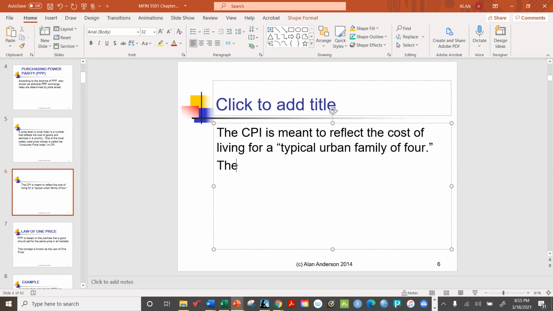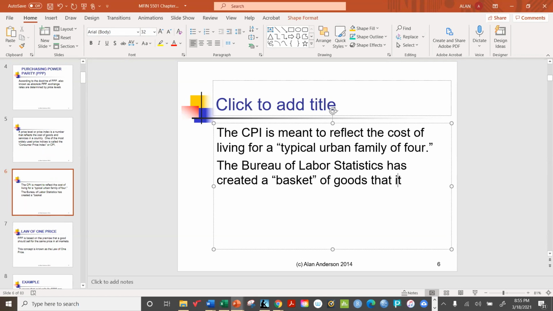So the Bureau of Labor Statistics has created a basket of goods that it considers to be the typical goods bought by, again, the urban family of 4.